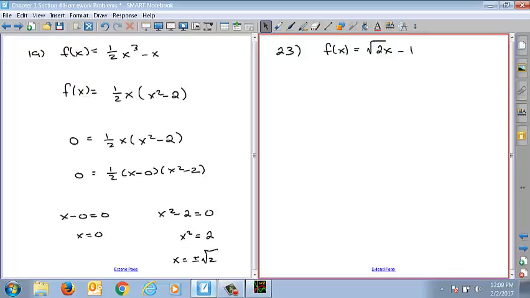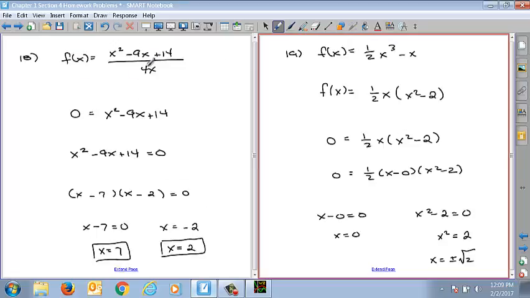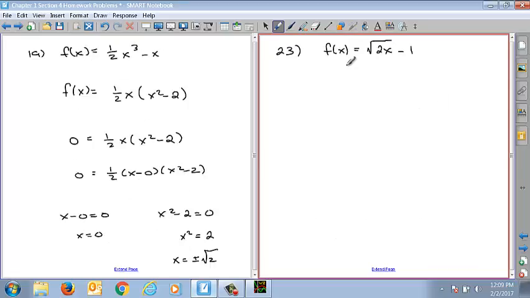Okay, number 23. So one thing is all these other ones have had a domain of all real numbers except this one where x cannot equal 0. Here 2x has to be greater than or equal to 0. So the argument of the square root is greater than 0. So you'll get x is greater than 0.